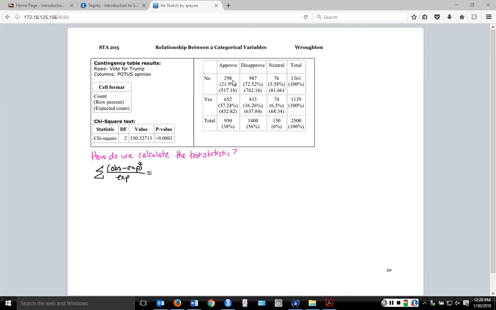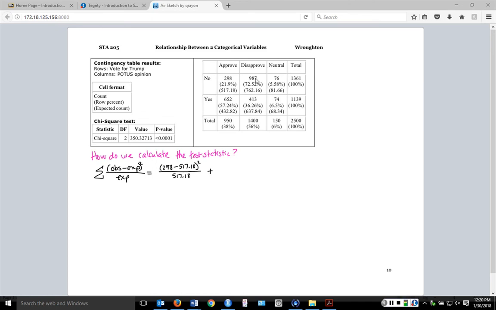So if I look at my first one, this no approved, my observed is the 298. My expected was the 517.18. I'm going to square that and divide by this 517.18. So that's for the first cell. Then I'm going to move over to my next cell and do the same thing.